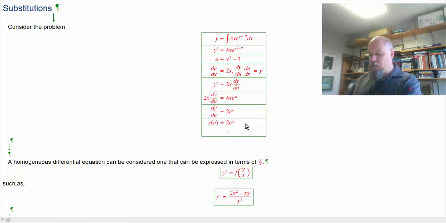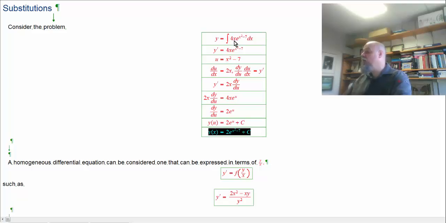So that means y as a function of x is equal to 2 e to the what u is equal to, plus C, right? When I solved it, there should have been a plus C here, an integration constant. Now this is exactly what we would have got if we just did normal substitution.